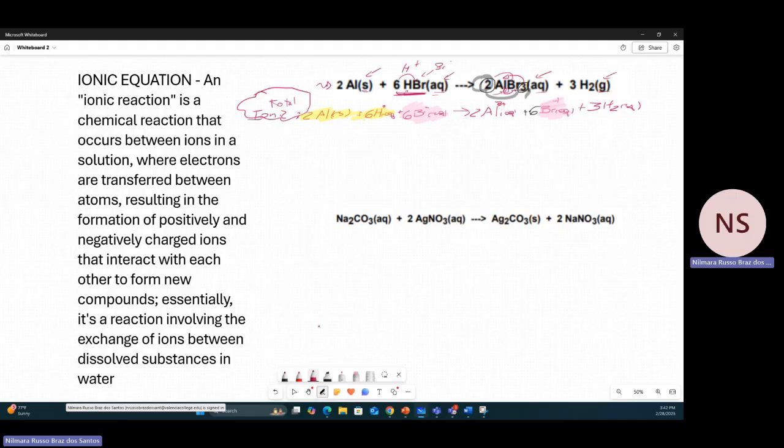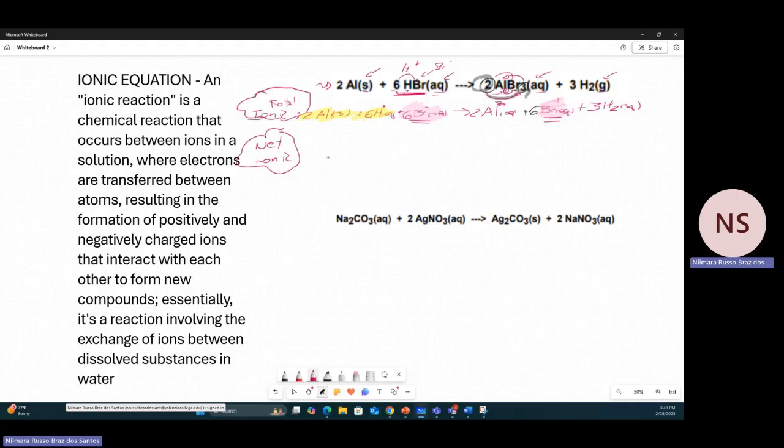Okay, do you understand that? So like I did over here, 6 hydrogen, 6 bromine, here 2 aluminums, and here 2 times 3 is 6 bromine. So they are equal. So those are spectators. That means they will not appear in my final reaction, which is my net ionic, right?